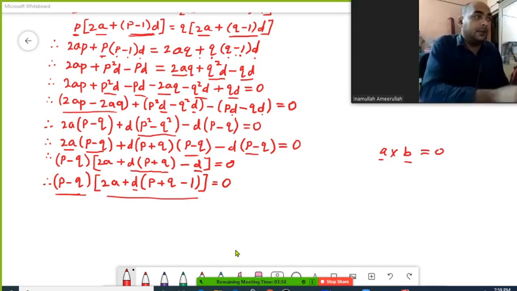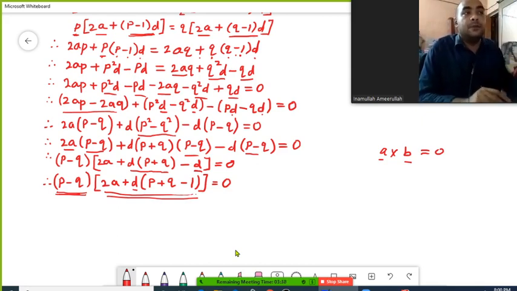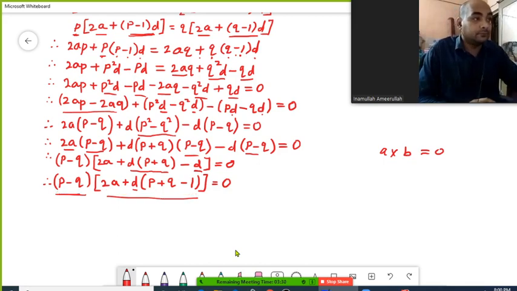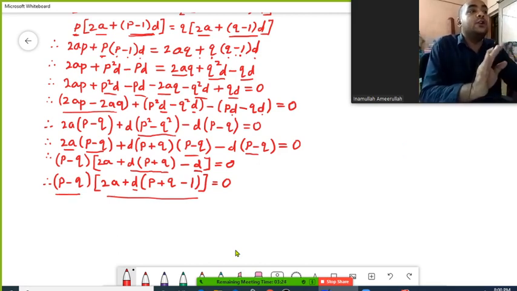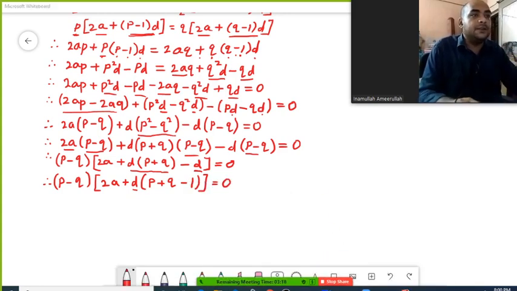So the same way, you can consider p minus q as a and this part as b. So at least one of them is 0. But according to the question, it is clear now p minus q is not 0. Why is p minus q not equal to 0? Because p and q are not equal.